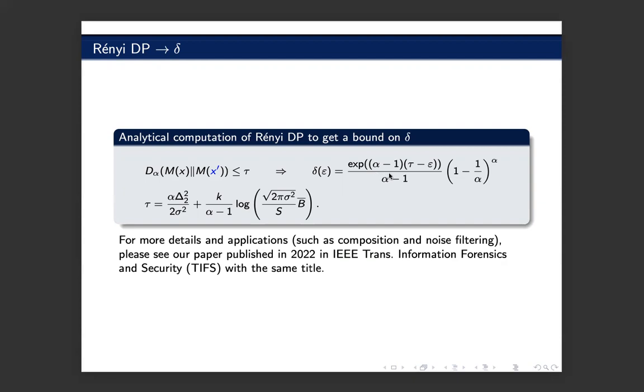They are a little bit numerically unstable, but in the end you can try to get the tightest bound on delta, either based on the moments accountant method once you have worked out your Rayleigh divergence, or based on some numerical optimization.